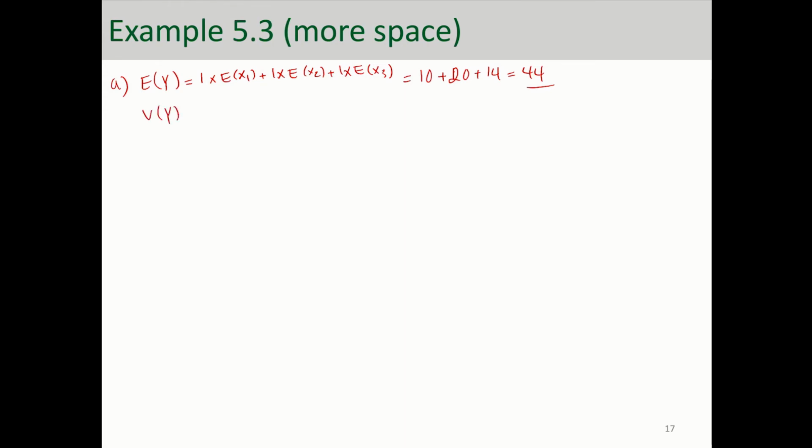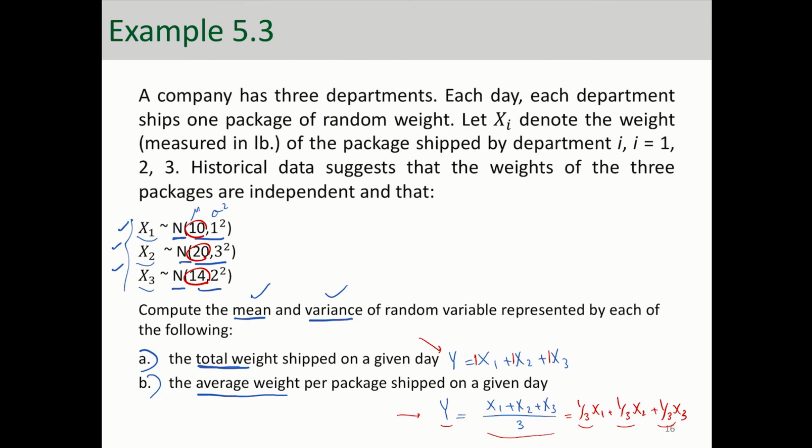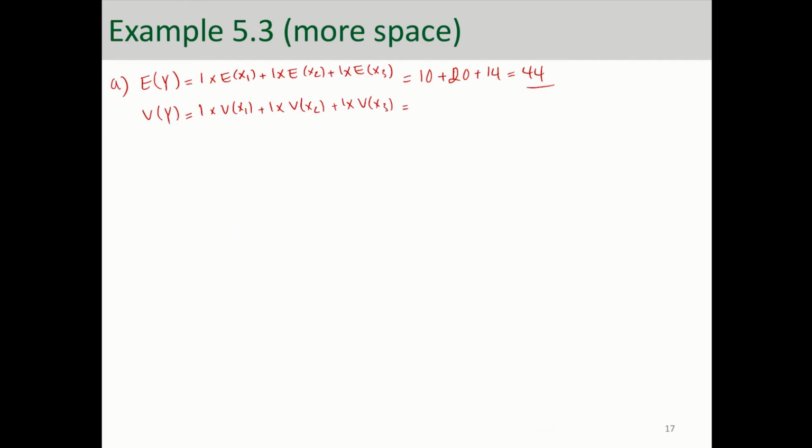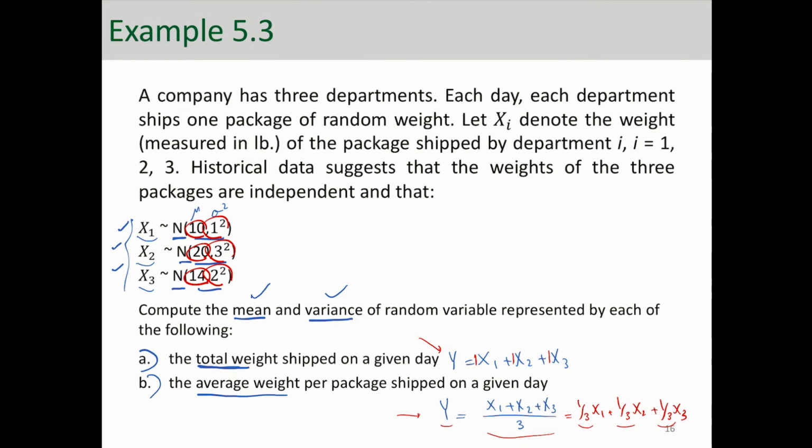Variance of Y is 1 times variance of X1, and so on, which is going to be, variances are 1, 9, and 4, right? So 1 plus 9 plus 4, that is 14. So now we know the expected value and variance of Y. For part B, it is the same process, it's just 1/3 instead of 1.